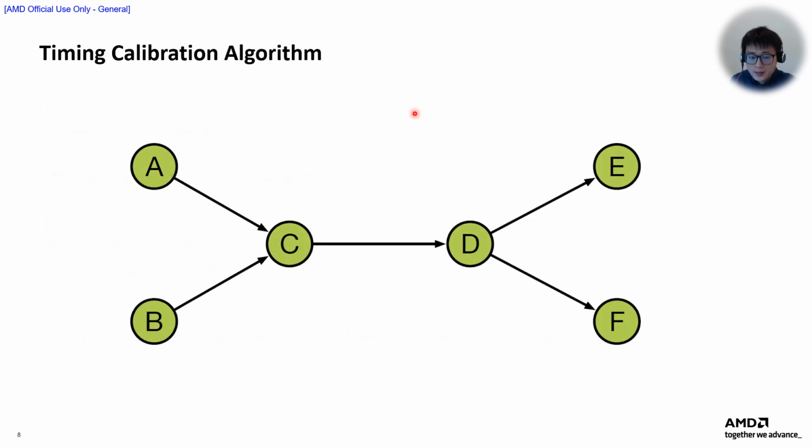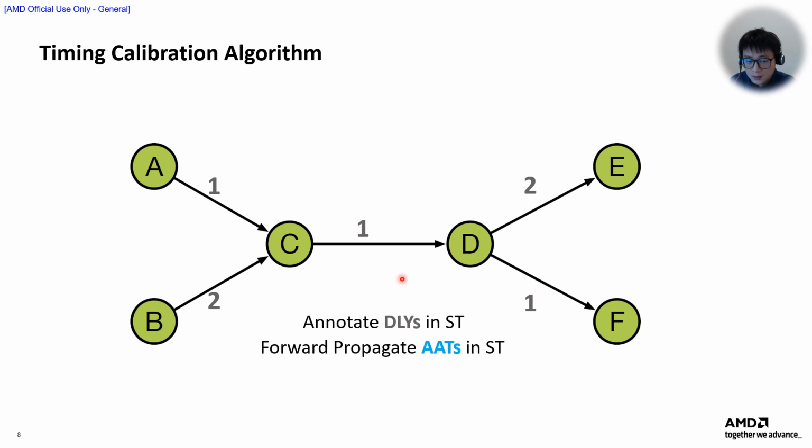Let me use this simple example to walk you through our timing calibration algorithm. The first step is to annotate the timing arc delays in the simple timer. Then we initialize the AATs of all the start points to 0, and forward propagate the AATs to the other nodes. Here we simply propagate the setup times.